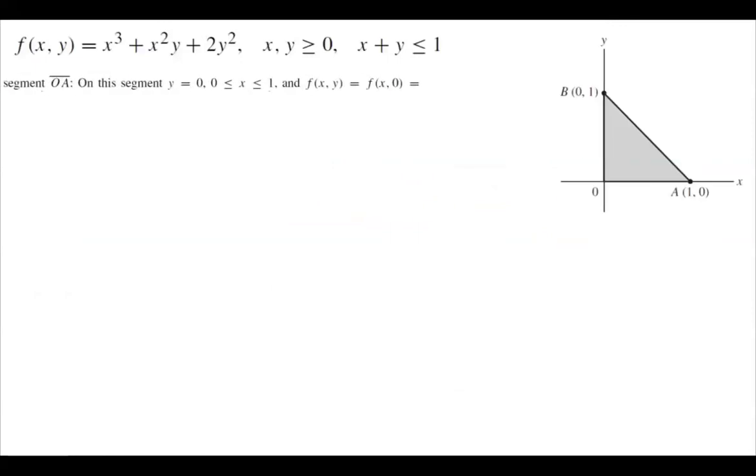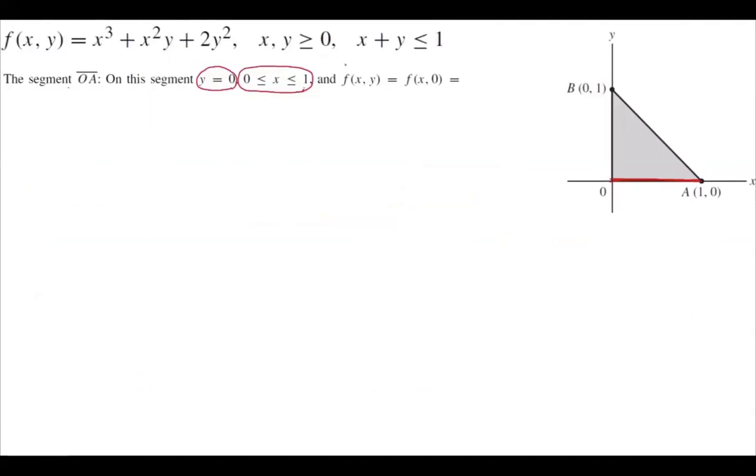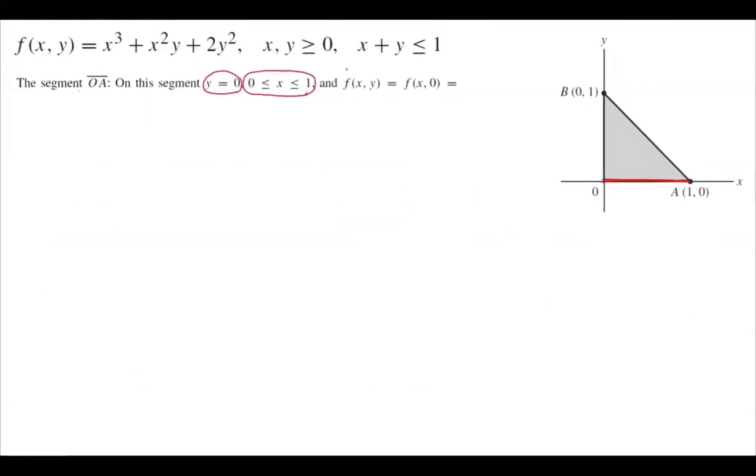Now for the boundary points. On the line segment 0 to A, or if you call it OA as a line segment, as you can see, your y is equal to 0. Your x is bounded between 0 and 1. You can reduce the function. Remember that this is our goal, to reduce the function to a one variable function.